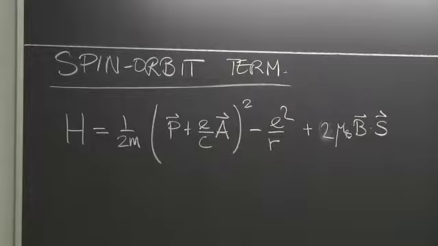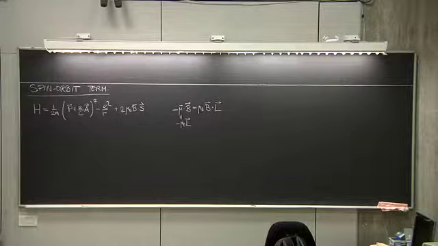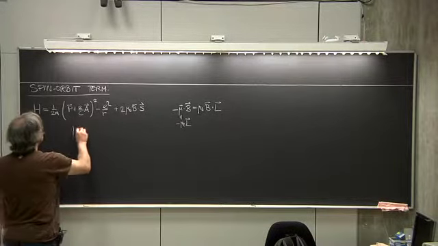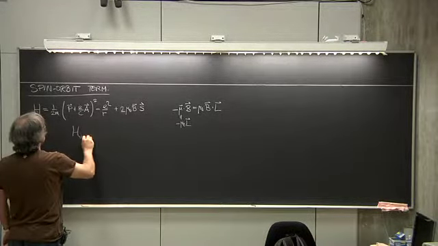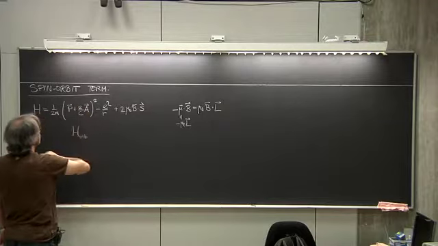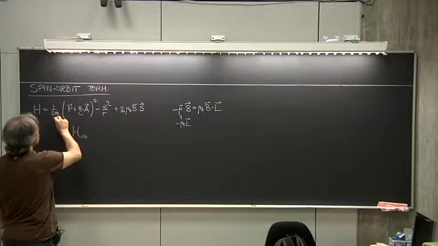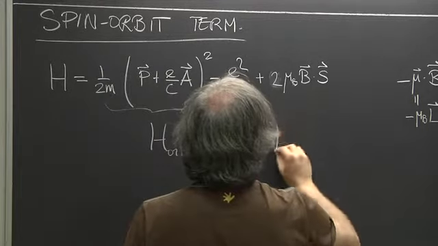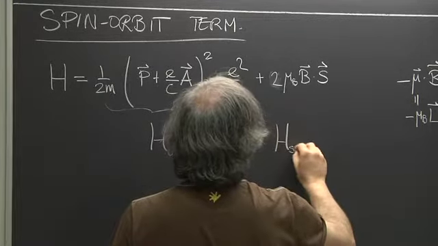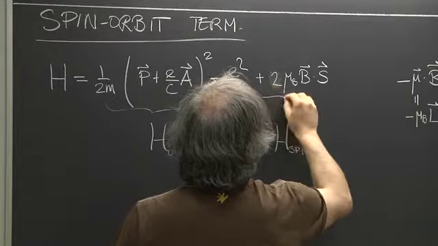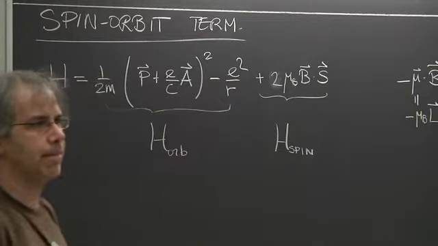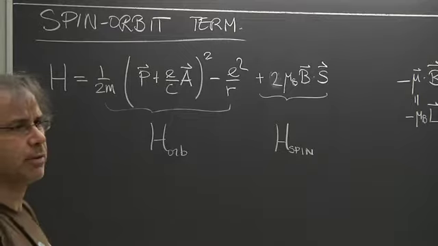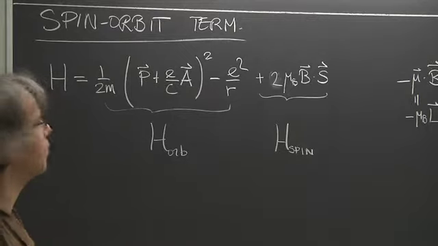Now, at this stage, life is still pretty simple. The Hilbert space of the orbital part only really looks at this piece of the Hamiltonian, while the Hilbert space of the spin part only really looks at this part. B is a field that is given, so you don't need to worry about it.